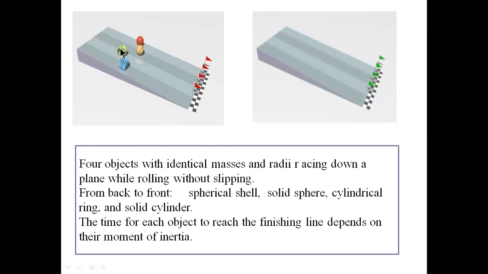Then cylindrical ring, and at last solid cylinder here. So they are taking different times in rolling. The time for each object to reach the finishing line depends on their moment of inertia. So they are reaching in different times, though they have identical masses and radii. So it depends totally on the moment of inertia of the bodies.